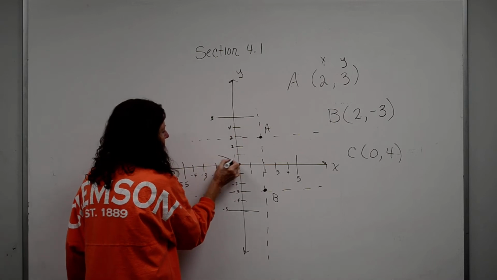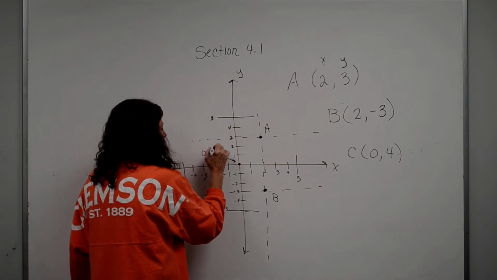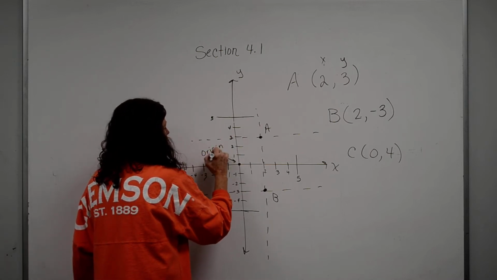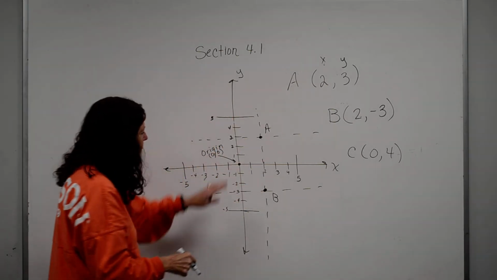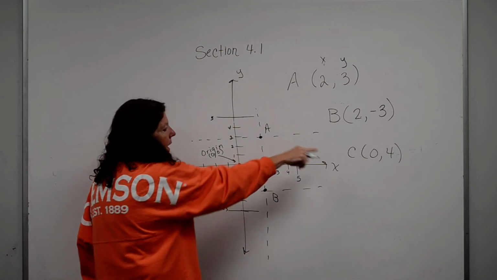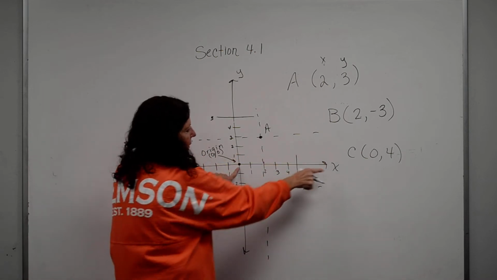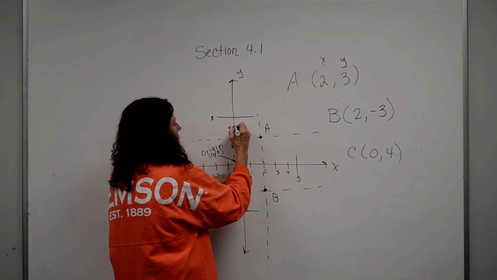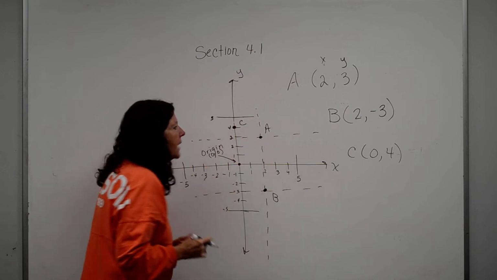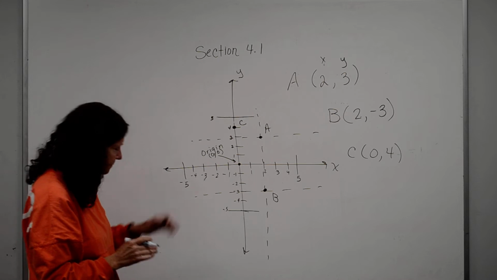This is also what's called the origin, or the point 0, 0: 0 on the x, 0 on the y. So if I had the point 0, 4, I find 0 on the x, and I go up 1, 2, 3, 4 on the y, and that is the point C.